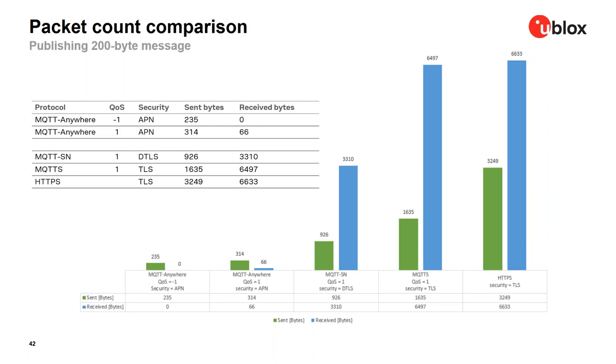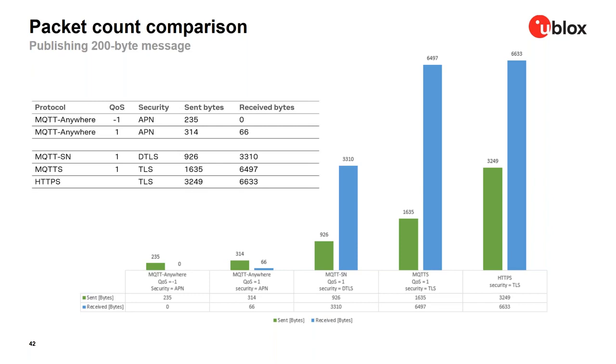Again, you can see here with MQTT Anywhere, the service that u-blox provides based on MQTT-SN, for sending 200 bytes of data, we are only sending 235 bytes over the air. And considering that the quality of service is -1, you don't expect to receive any acknowledgement, so no received data.